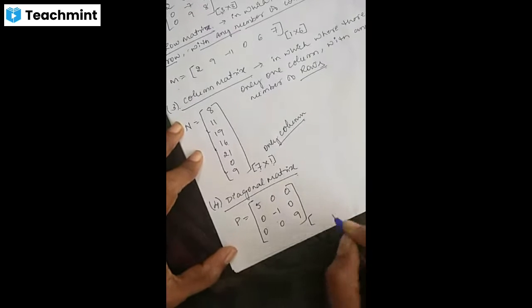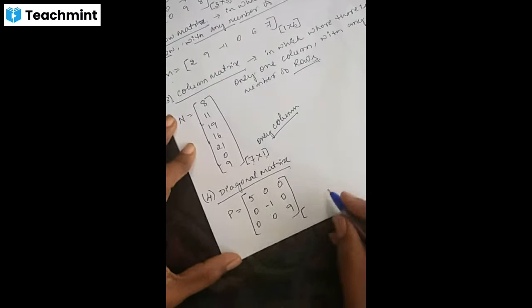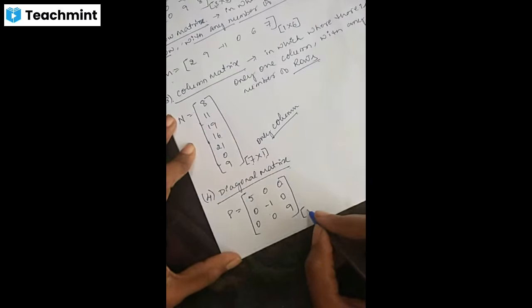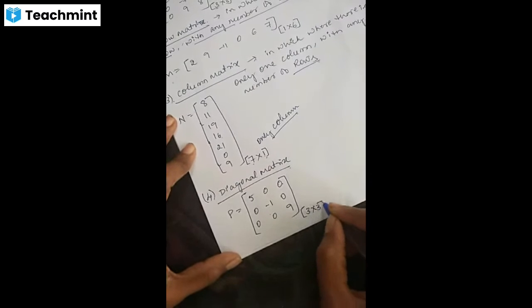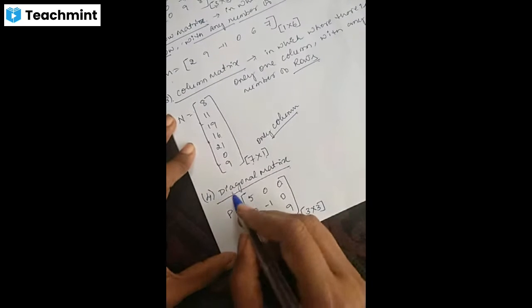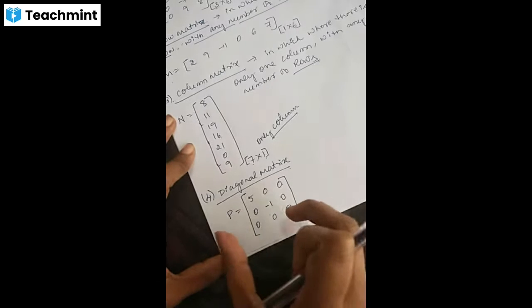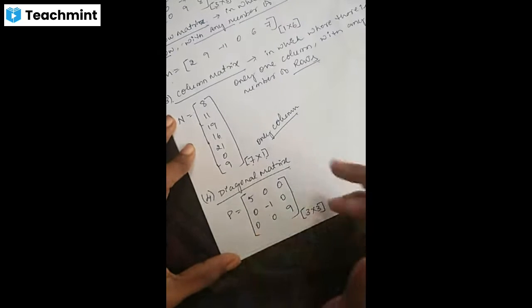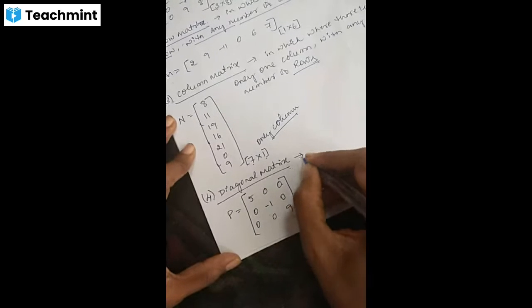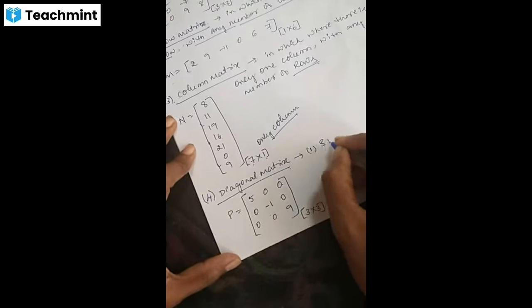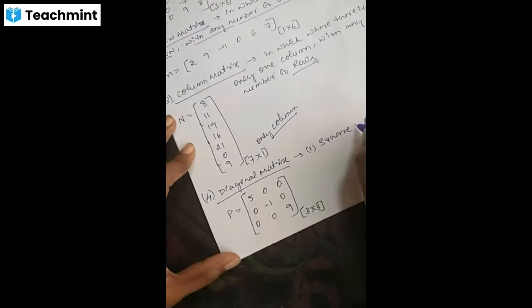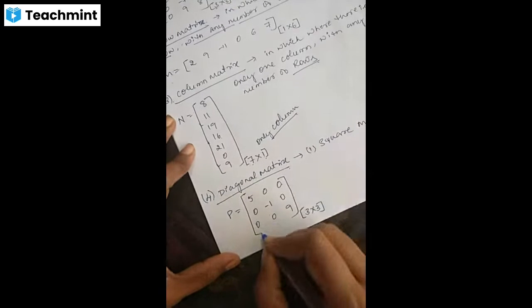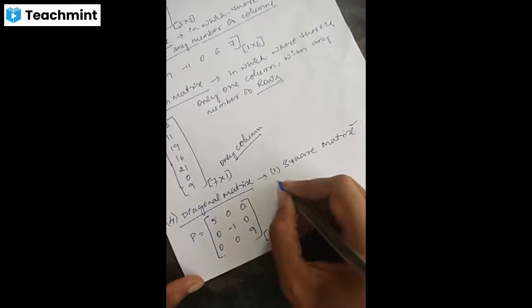What is the order of this matrix? 3 into 3. If you want to call a matrix a diagonal matrix, the very first condition is that it should be a square matrix. Is this a square matrix? Yes, it has satisfied the first condition.